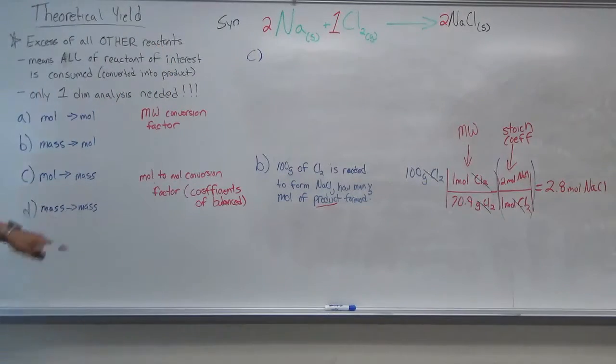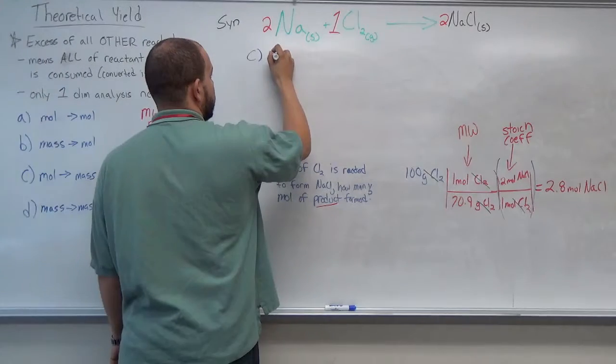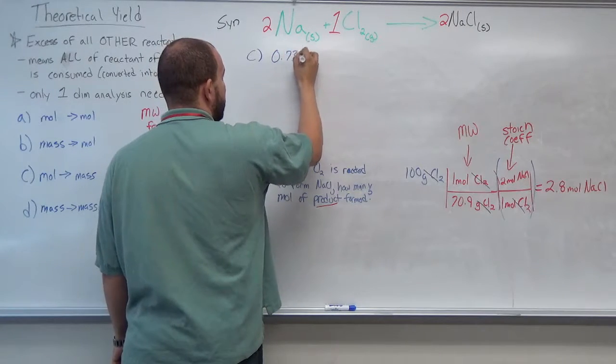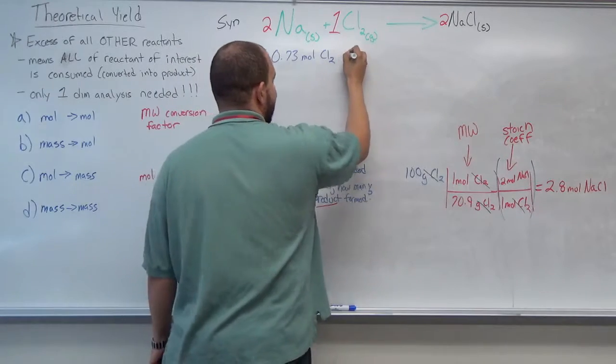is going to be mole to mass. Let's say I give you a number of moles to start with. 0.73 moles of chlorine reacted.